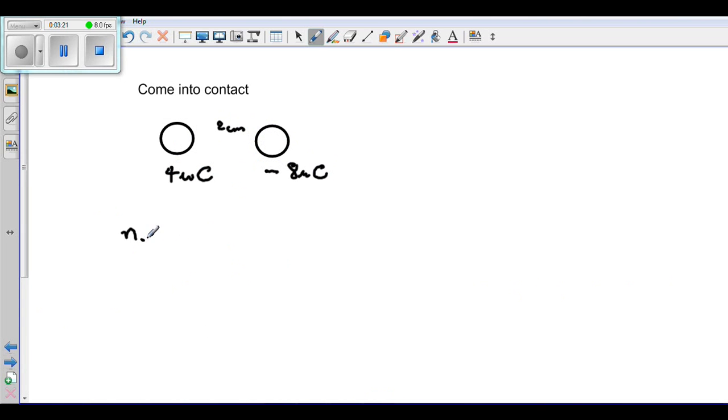So if you want to work out the new charge between these plates, then the equation that we will use is Q1 plus Q2 divided by 2.